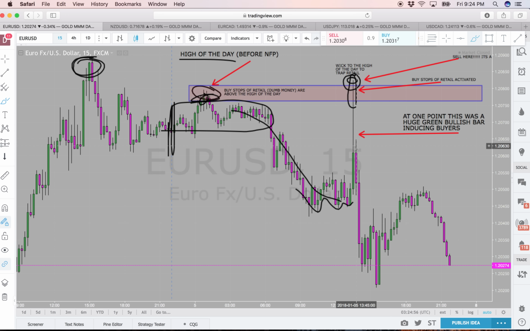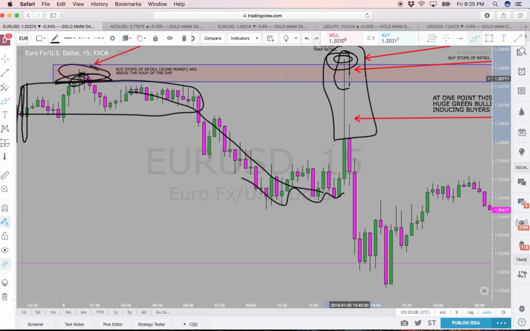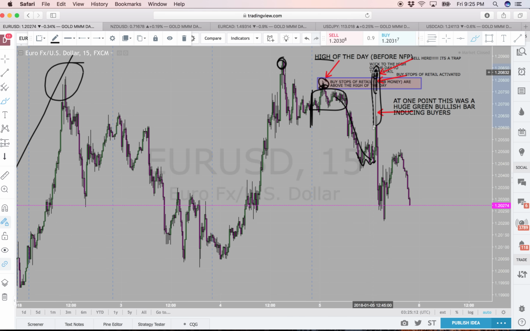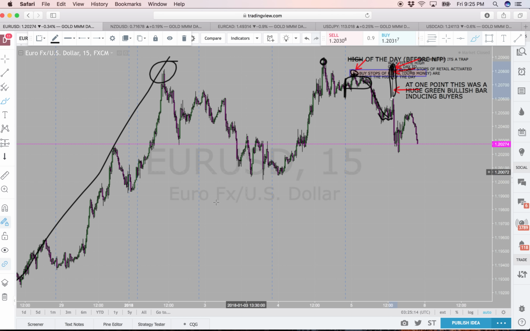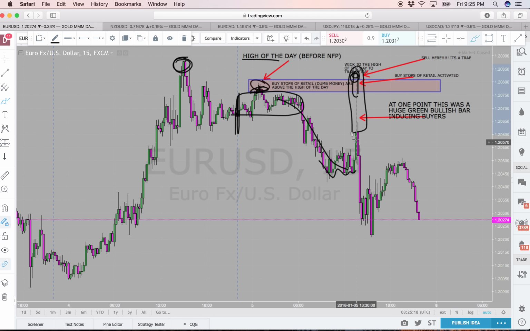They pulled a big wick here. There's millions and millions of dollars trapped in this wick, you guys, from retail traders that bought into this, thinking that this uptrend was going to sustain itself. We can see it did not, and it fell off.